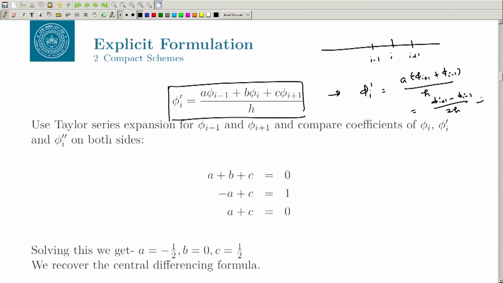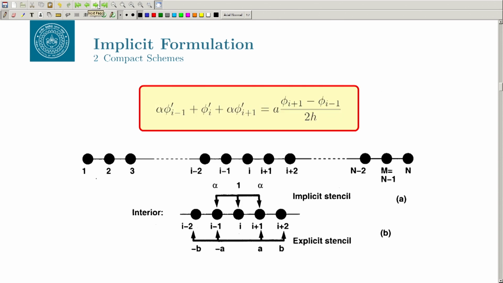Now, what if, here on the left hand side, you have just one derivative that you are calculating at the point i, and then you are making use of i minus 1 and i plus 1, right. What if you make use of the stencil while calculating the derivative? So, not only calculate at i, but also calculate at i minus 1 and i plus 1, while you are keeping the stencil size the same, right.